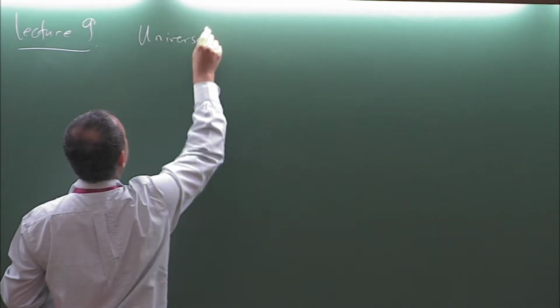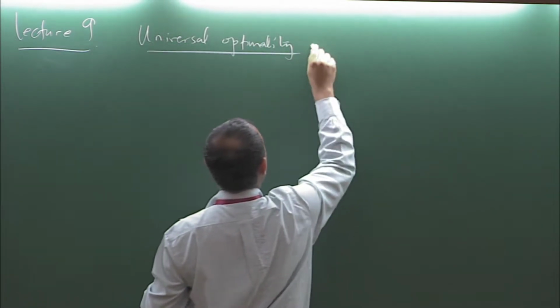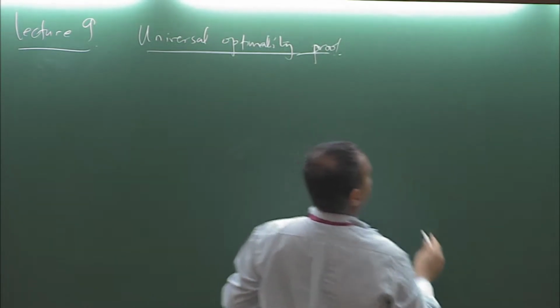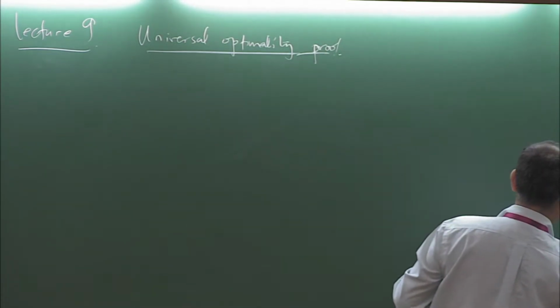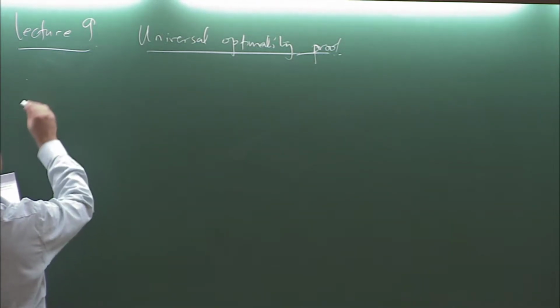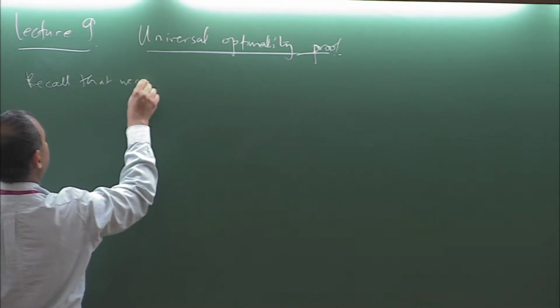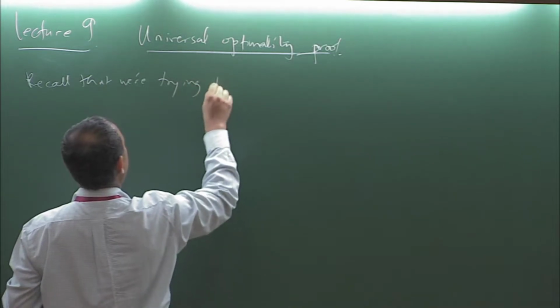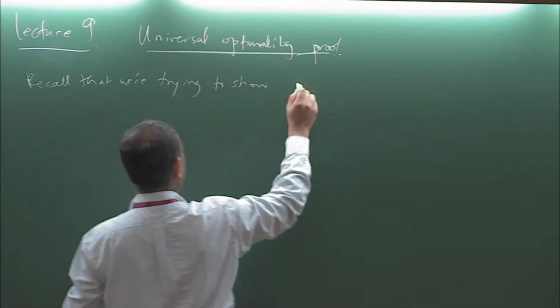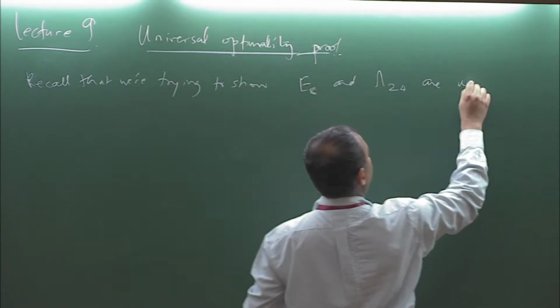So today I'm going to sketch the proof of universal optimality. So namely this. So recall that we're trying to show that E8 and the Leech lattice are universally optimal.